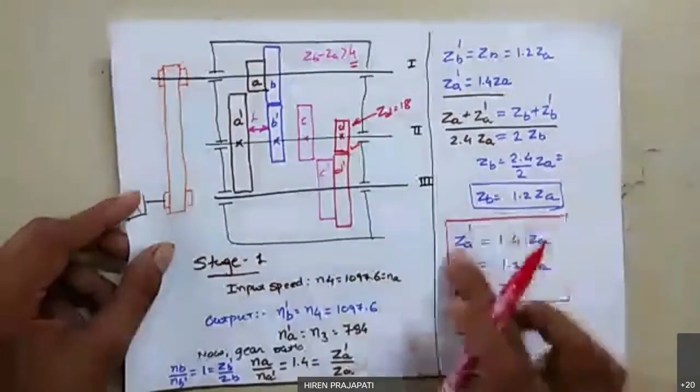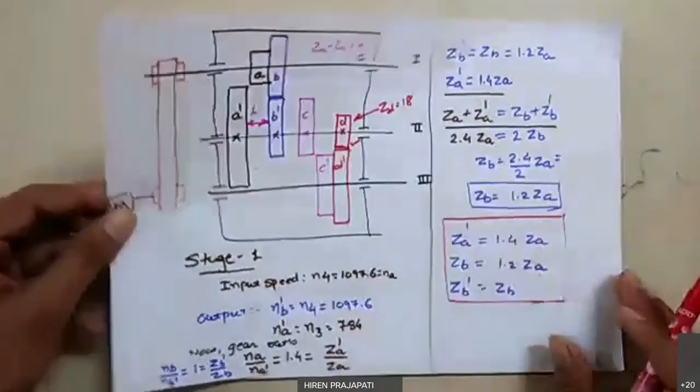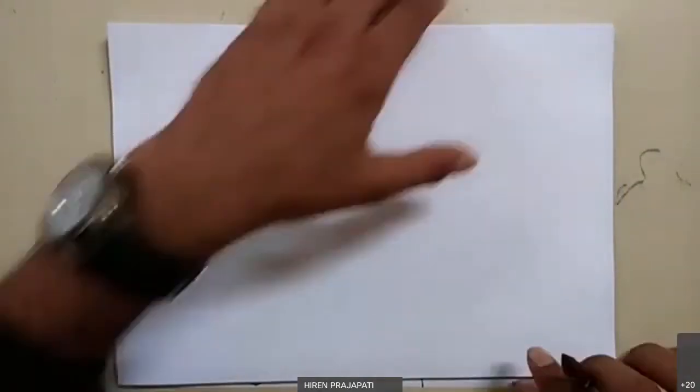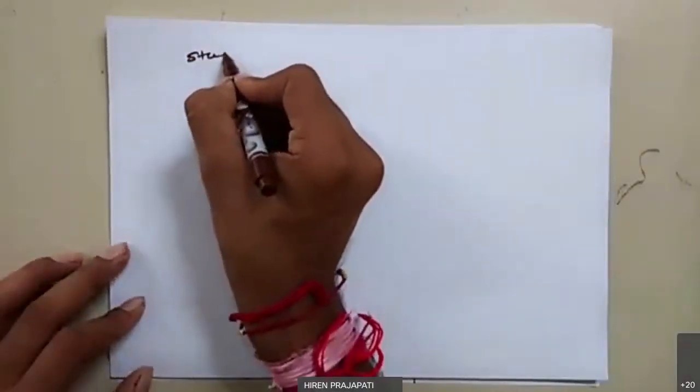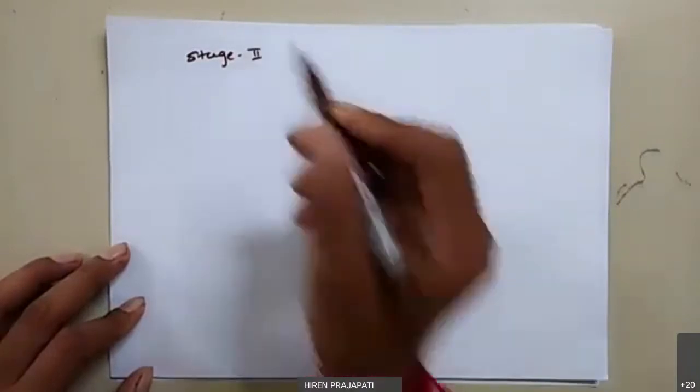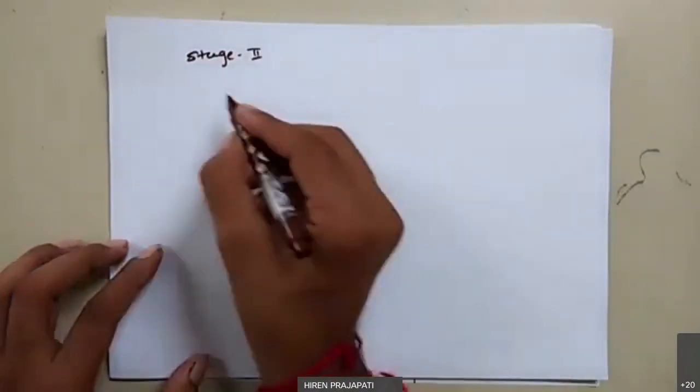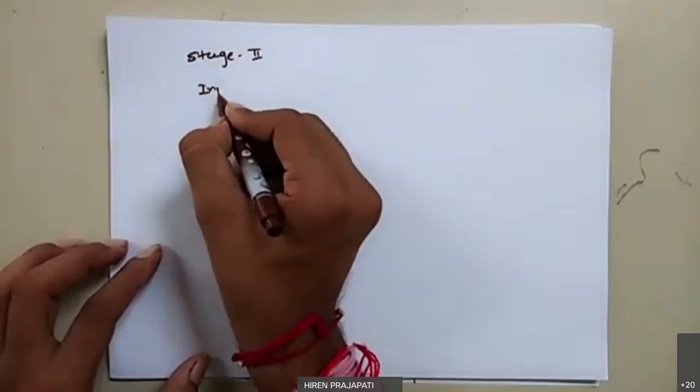Before that, we need to form these types of equations. So to form the equations, let us consider stage 2. What is the input speed in stage 2?